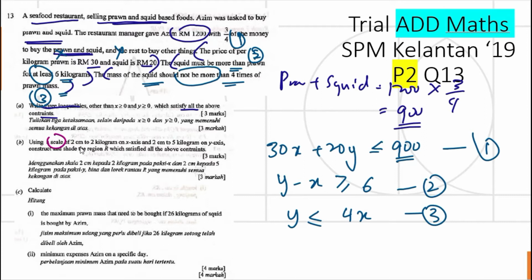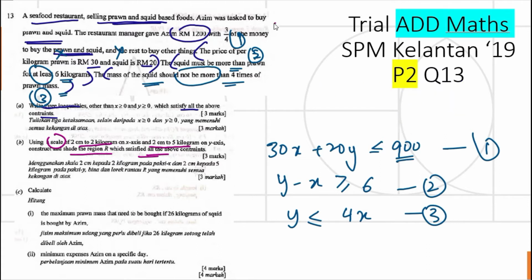So use a scale of 2 cm to 2 kg on the x-axis, 2 cm to 5 kg on the y-axis. Construct and shade the region R which satisfies the above constraints. So to shade, we need to create the lines. So 30x plus 20y is less than or equal to 900, y minus x is larger than or equal to 6, and y is less than 4x.